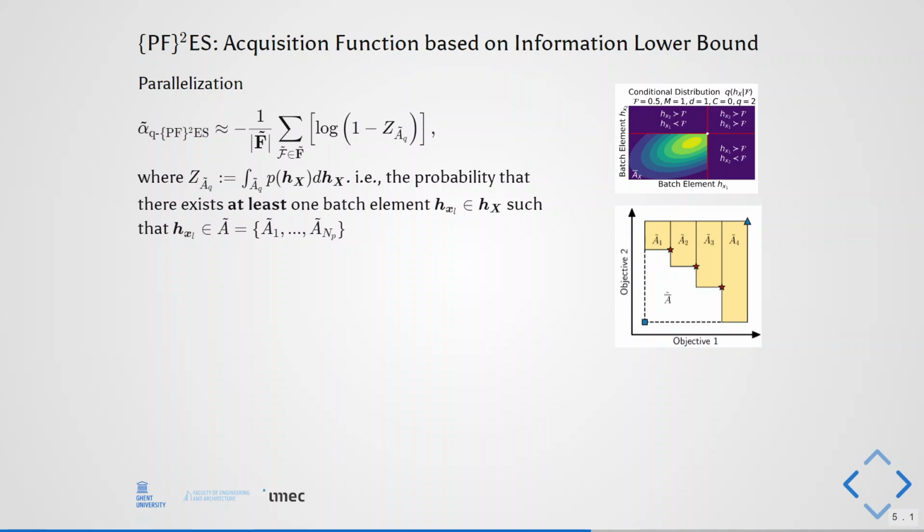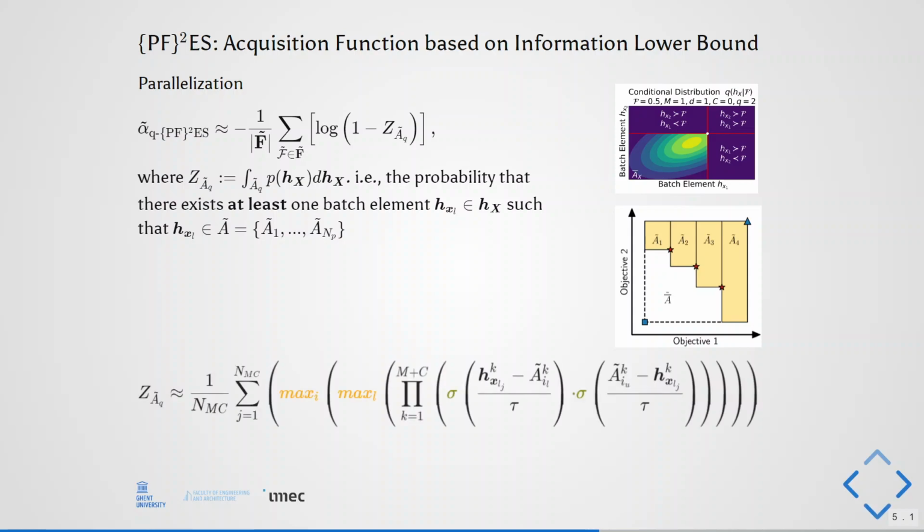The tilde A_Q represents that at least one batch element is in the region of tilde A. Since this event involves complicated probability representations, for which an analytical formulation seems non-trivial, we propose to make use of Monte Carlo approximation for this normalization constant. And in practice, this has been powered by quasi-Monte Carlo and sample average approximation, to hopefully have as consistent a gradient of this acquisition function as possible.